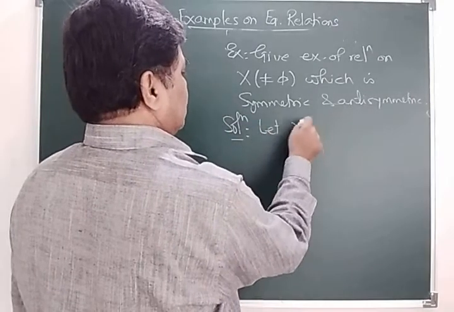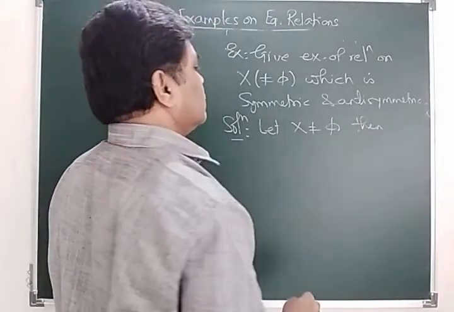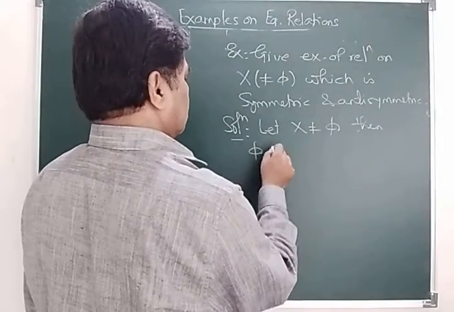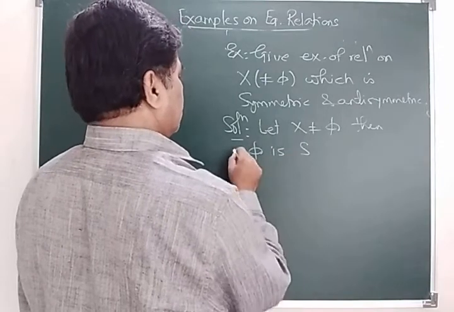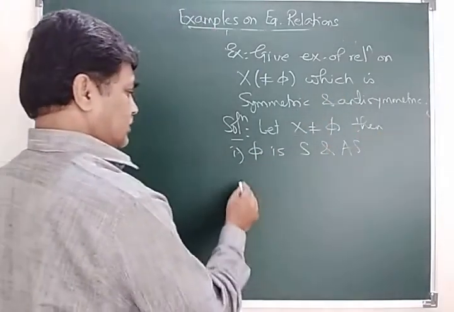Let X be a non-empty set. Then phi is symmetric and antisymmetric, first.